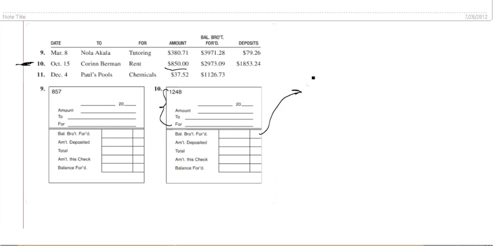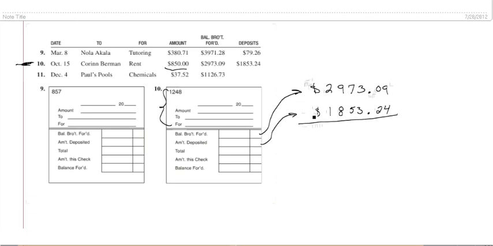Initially, we'll start right here with the balance brought forward of $2,973.09. And then we see that this particular check stub includes a deposit of $1,853.24.